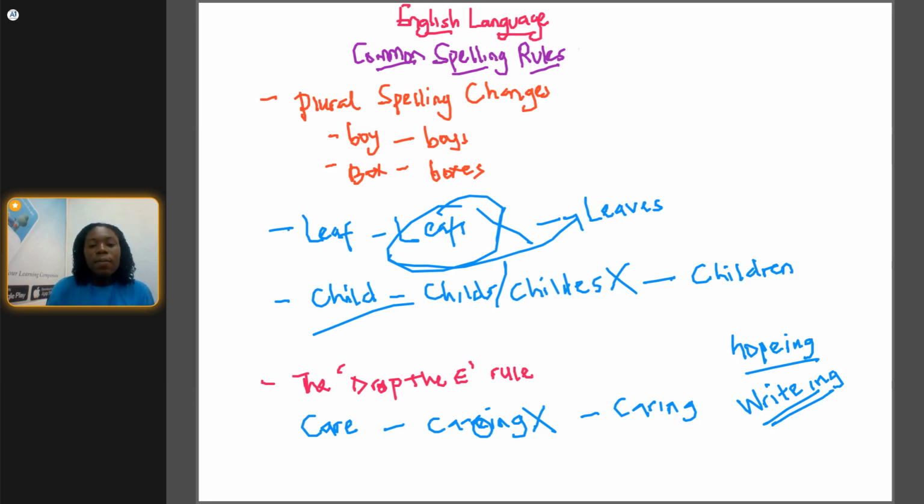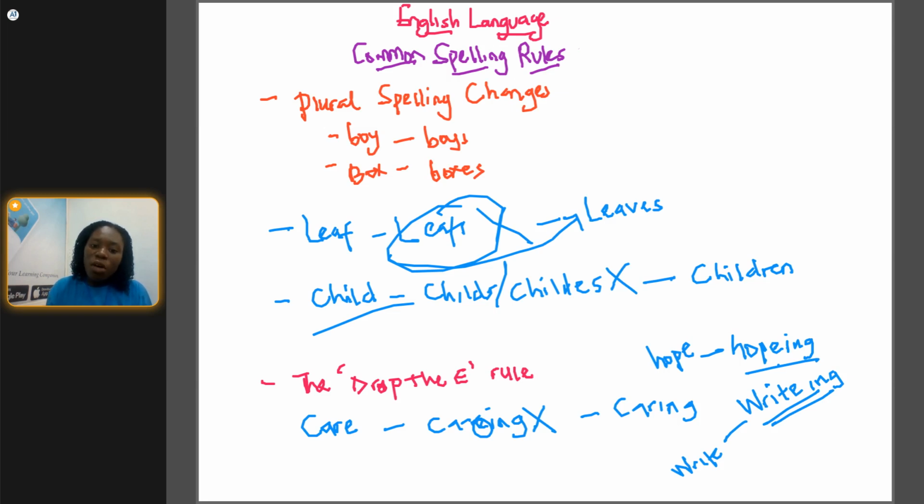So when you see some words in your UTME exam and it's asking you to choose the correct word, you know that the root word of this is hope. The root word of this is write.